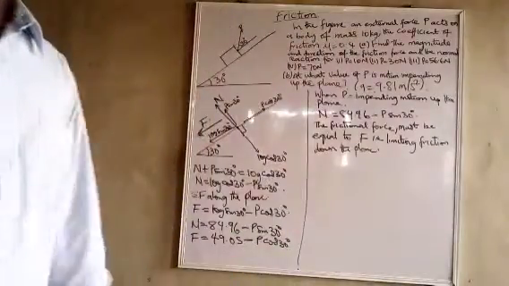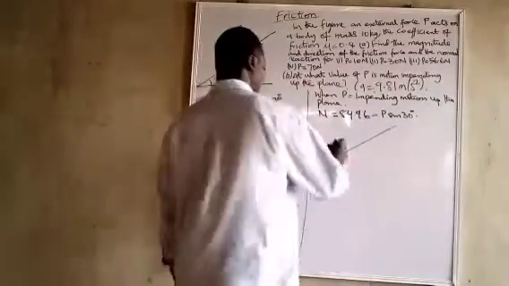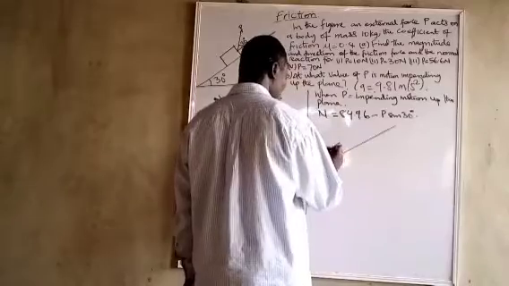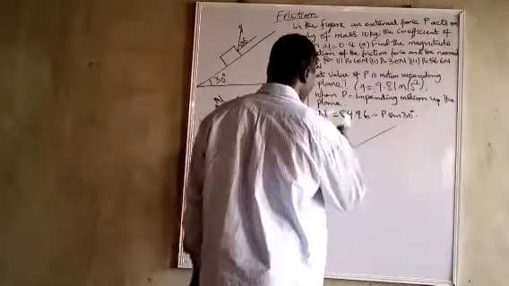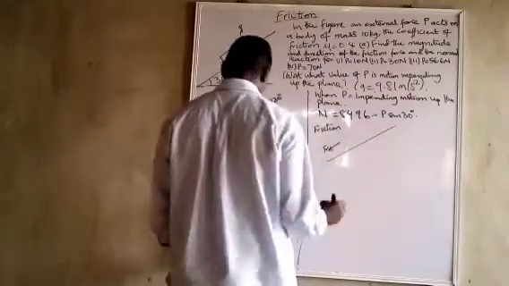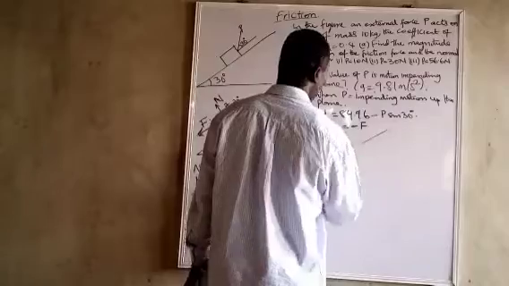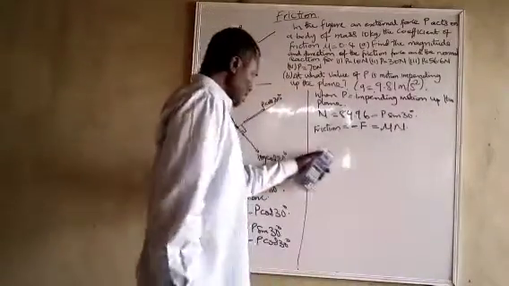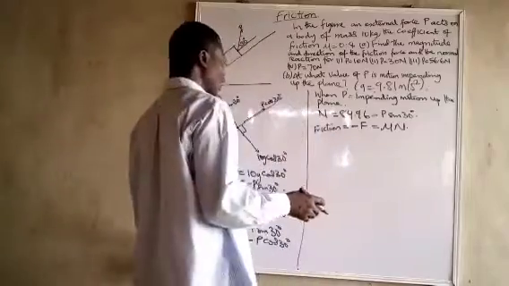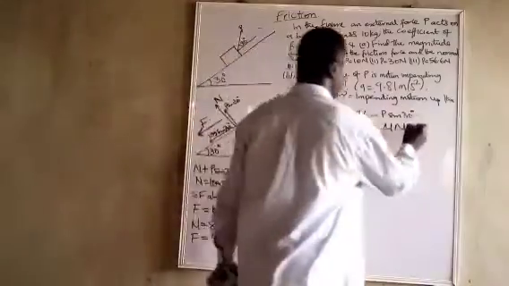Let me put it in a better way. For impending motion, the frictional force must act downward, which means that the frictional force must be equal to minus F, which is mu n. The frictional force must be downward, and if it is downward, this one will be negative, which is minus mu n, according to the arbitrary direction you have taken here.